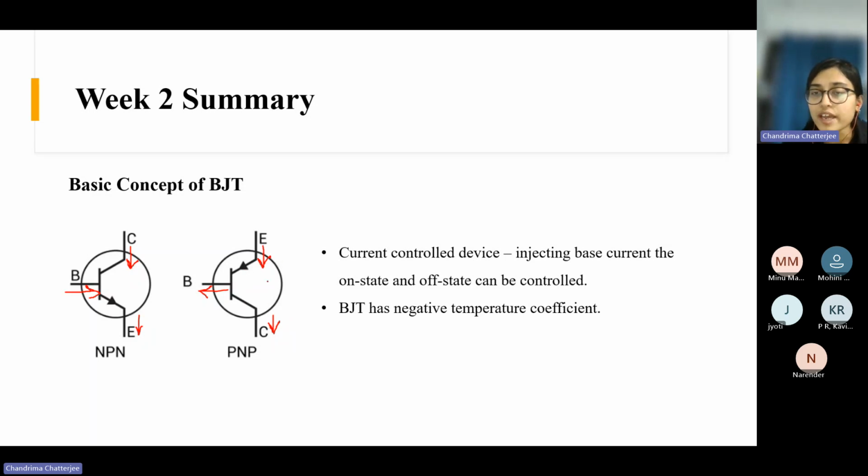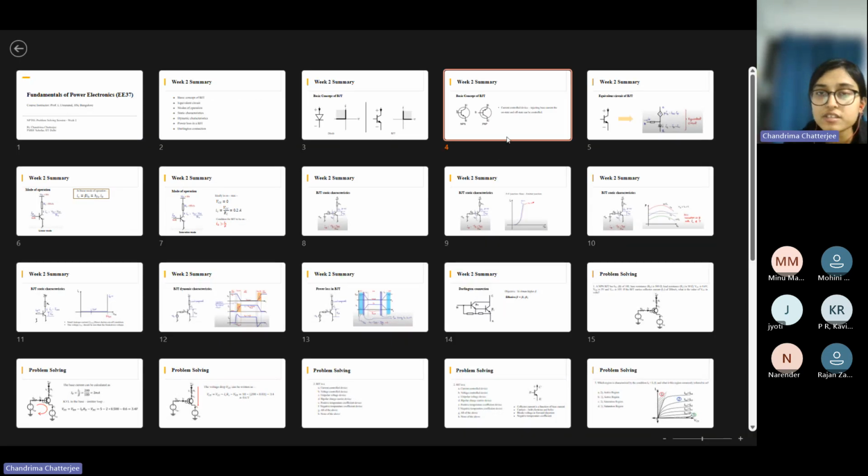So the device will try to draw more and more current because as the resistance of this channel reduces, it will draw more and more current from the same source. Even though you have not changed the source voltage, it will try to draw more current because its resistance has reduced. Is this point clear? What we mean by negative temperature coefficient, is this point clear?